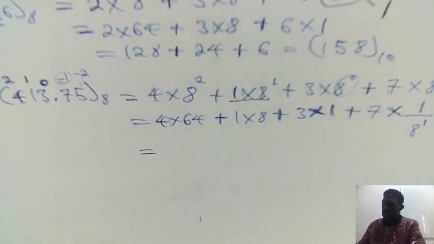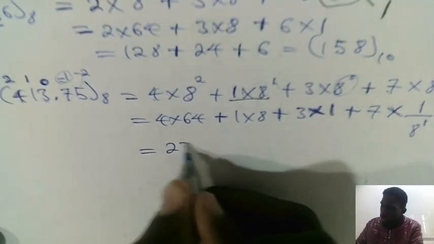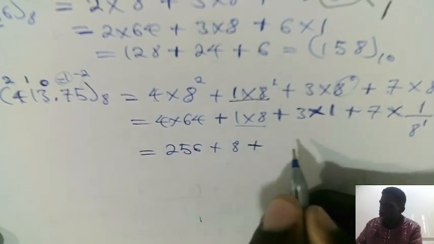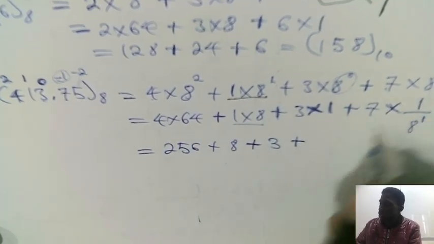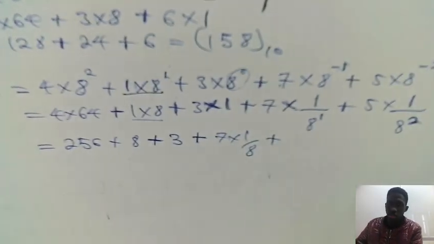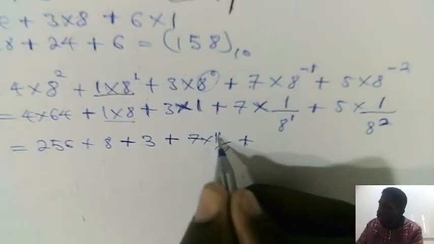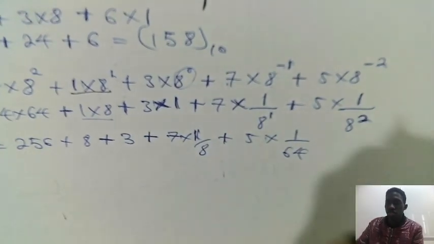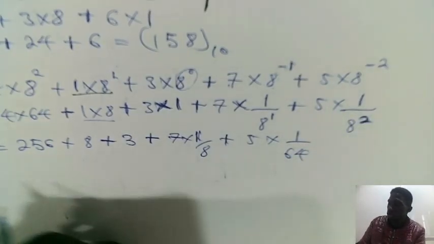So we solve 4 times 64, which is 256, plus 8, plus 3, plus 7 times 1 over 8, plus 5 times 1 over 64. 5 times 1 over 8 to the power 2 is 1 over 64.